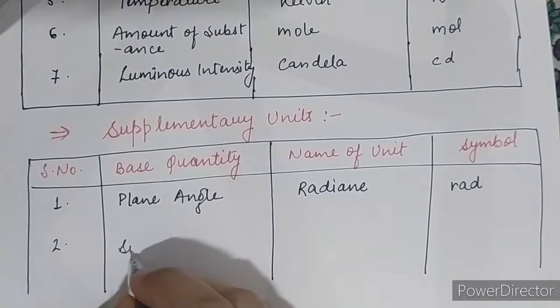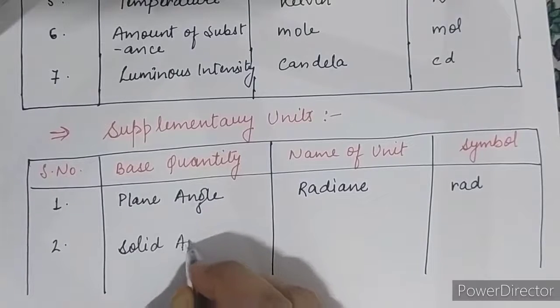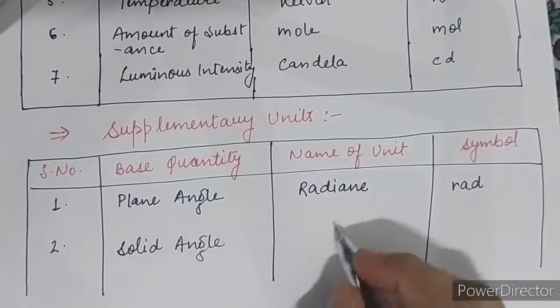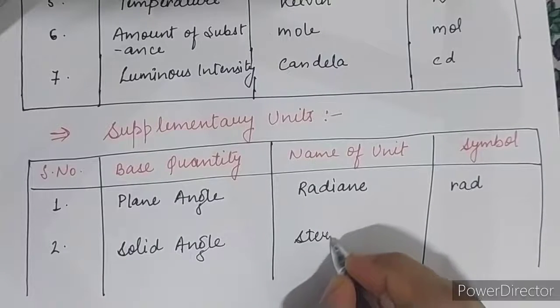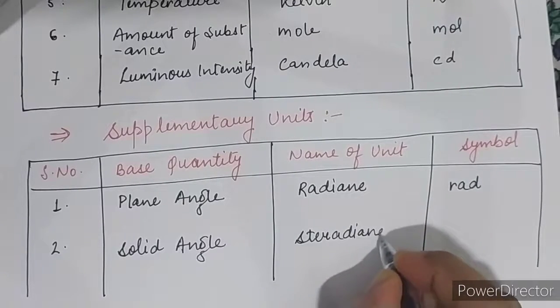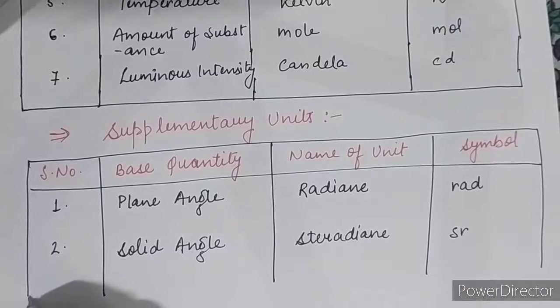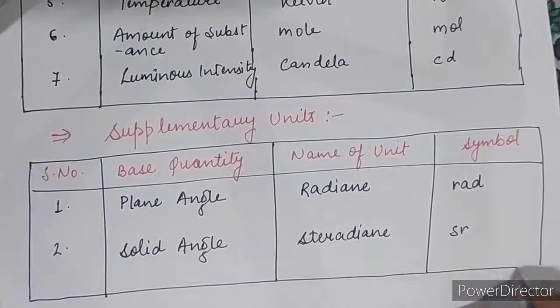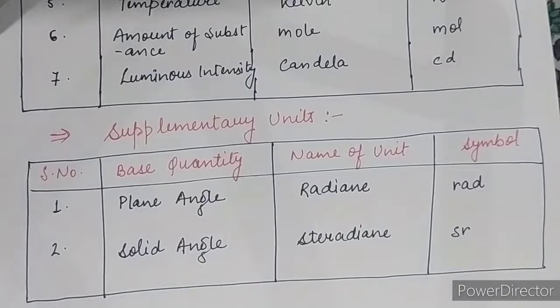The second one is the solid angle, and its unit is steradian, denoted by small SR. So these are the two supplementary units which are used. I have already explained what the plane angle and the solid angle are. Even I have given you the definitions of length, mass, time, current, temperature, amount of substance and luminous intensity. They have their units.